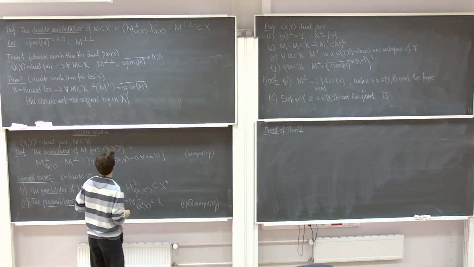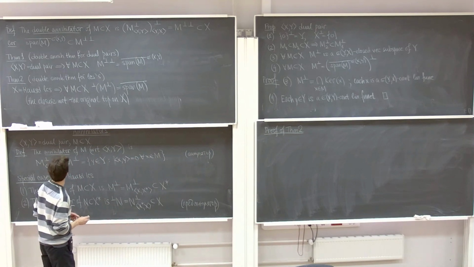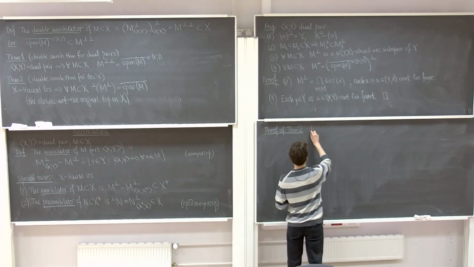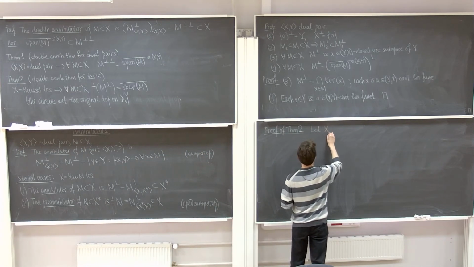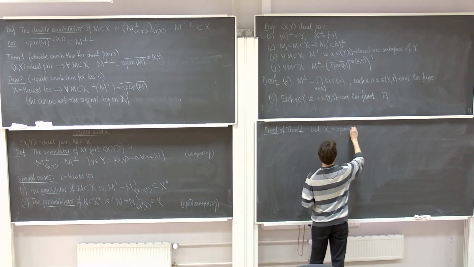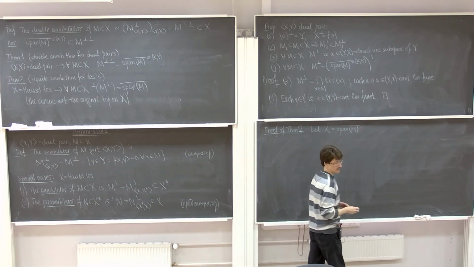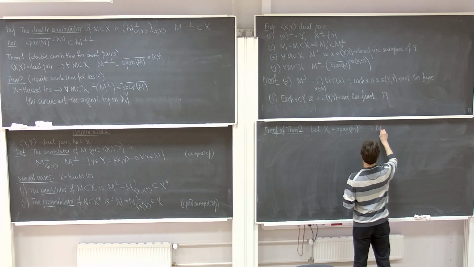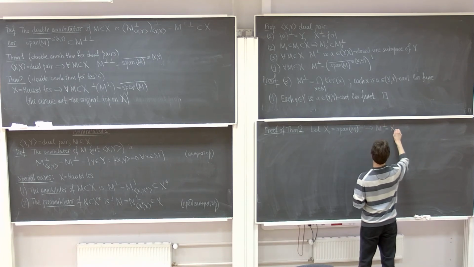Okay, so let's take the closure of the linear span of M and denote it by X0. Well, it's clear that in this case, the annihilator of M equals the annihilator of X0.